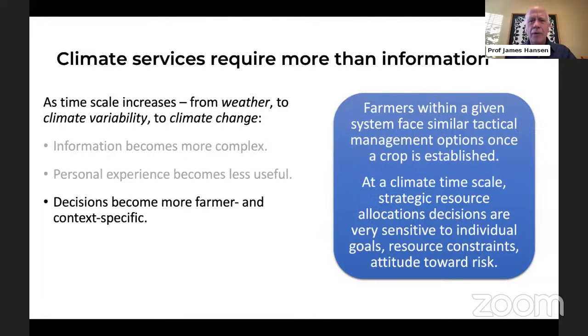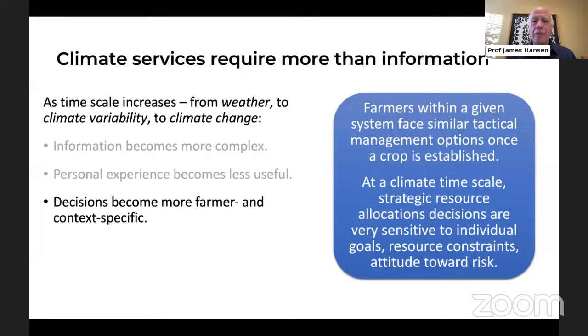But if we think of a longer time scale, before the growing season starts, at a climate time scale, these farmers are faced with many other strategic decisions, and a lot of them have to do with how they allocate their scarce resources: their family labor, their limited land, limited capital, savings, ability to borrow.